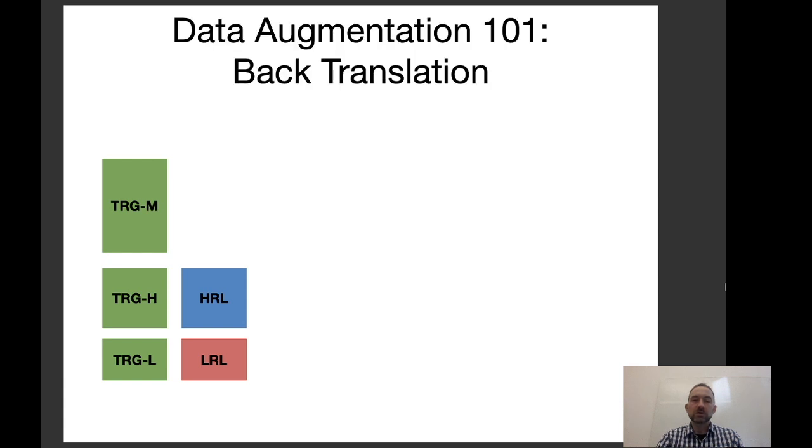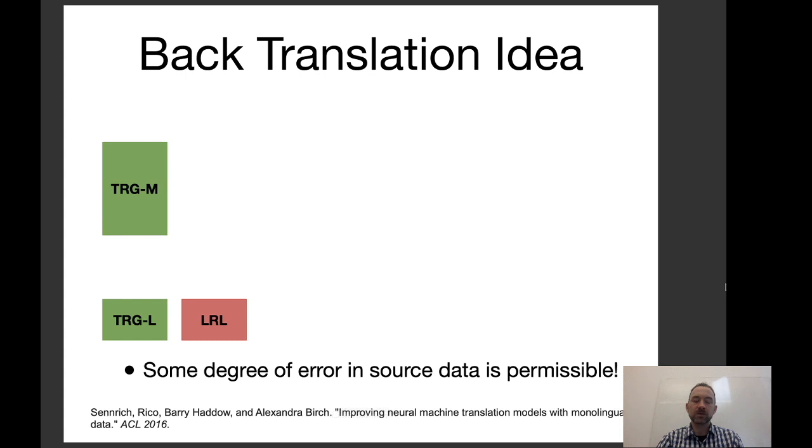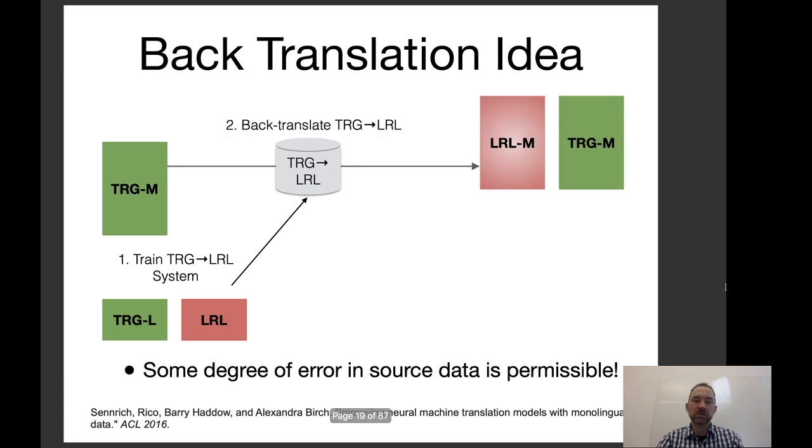The first and simplest method of data augmentation for machine translation is called back-translation, where essentially we take target-side monolingual data and translate it backwards into the source language we want to translate. The basic idea is that we first take our small parallel data to train a target language to source language system.